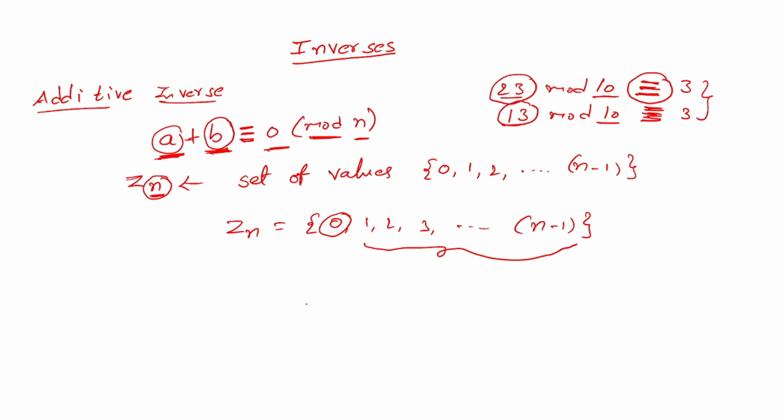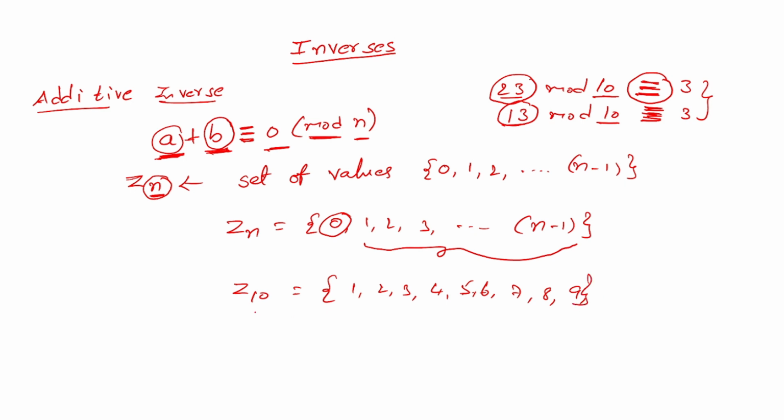For example, if you take Z10, which values have additive inverses? 1, 2, 3, 4, 5, 6, 7, 8, 9.